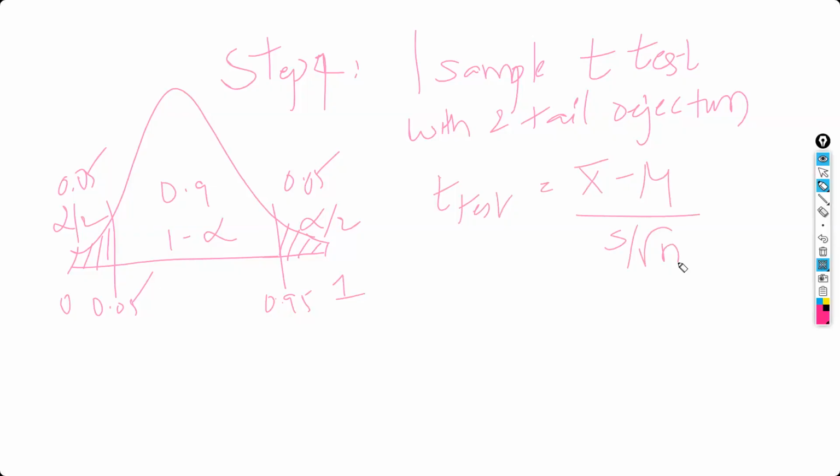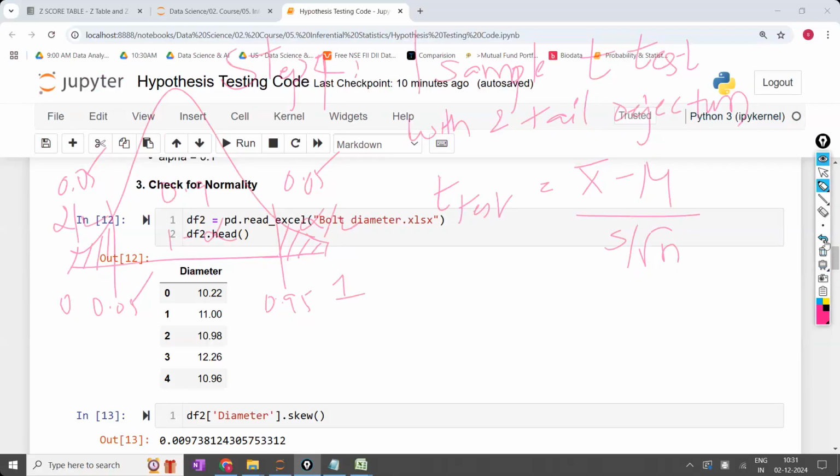For a sample, any measure we can calculate because the sample data is with us, whereas the population data will not be with us. Now, here I'm going to select this one in Python.